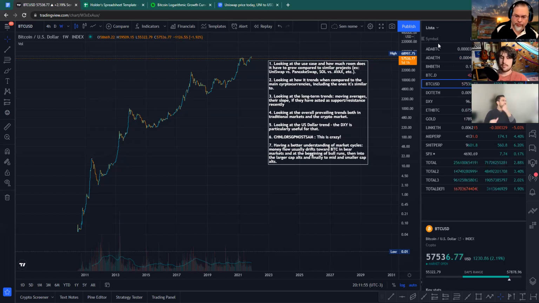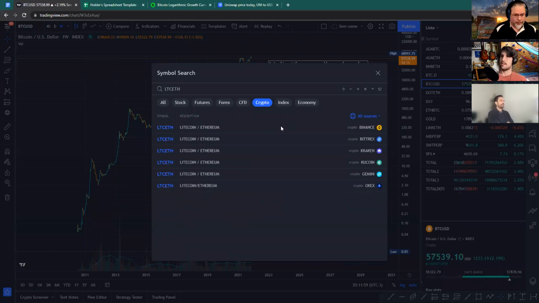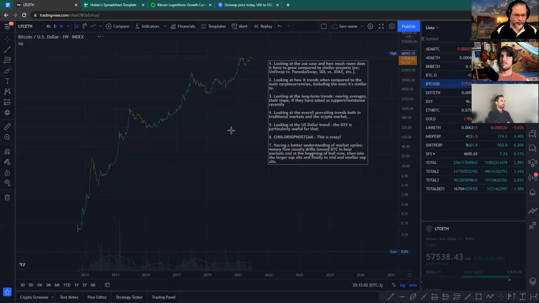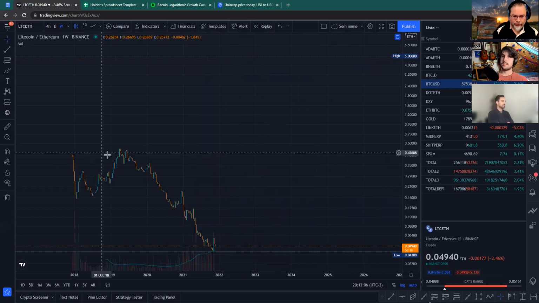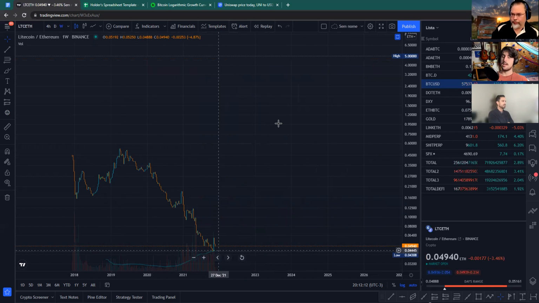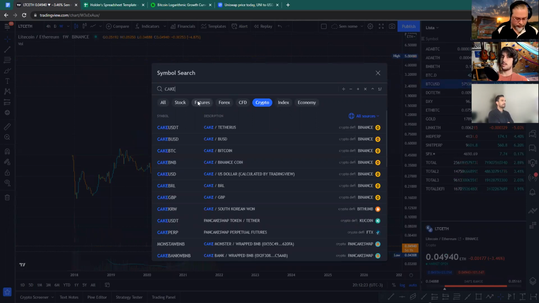Now, there are many great examples of that. Let's say, for example, Litecoin versus Ethereum. So we have Litecoin, Ethereum right here, and as you can see, basically permanently, except for very small periods of time, it's just trending down. Now, not all coins have an Ethereum pair. If you search for Cake Ethereum, you'll not find it. One thing you could do is use the TradingView spreads function.